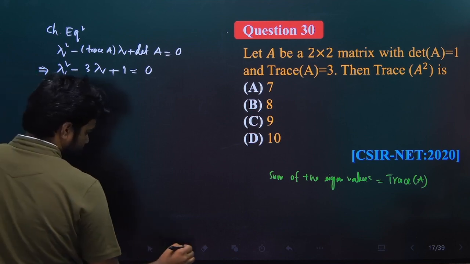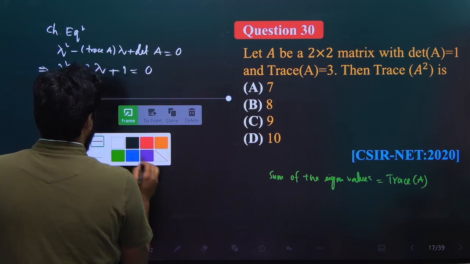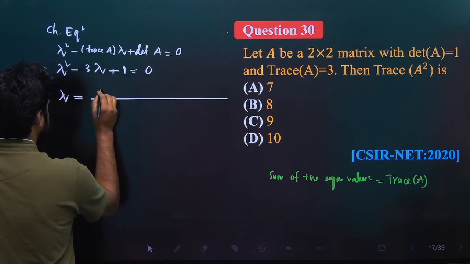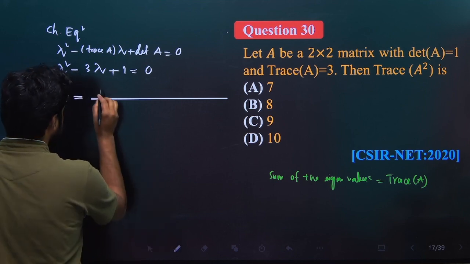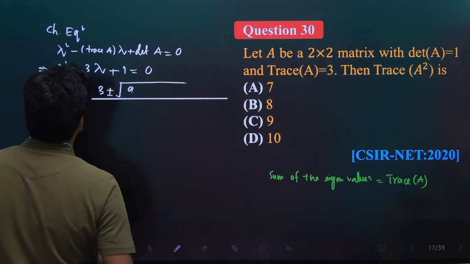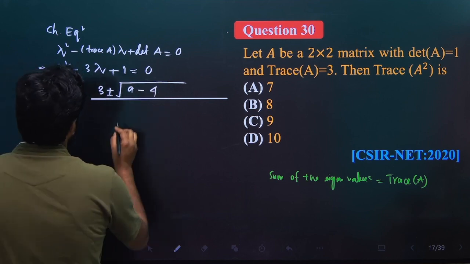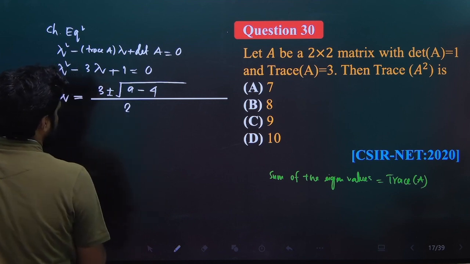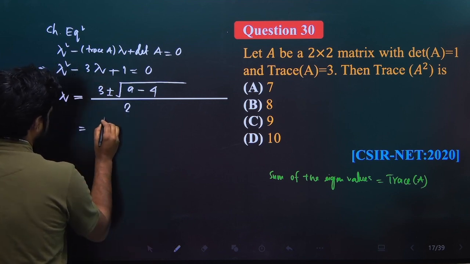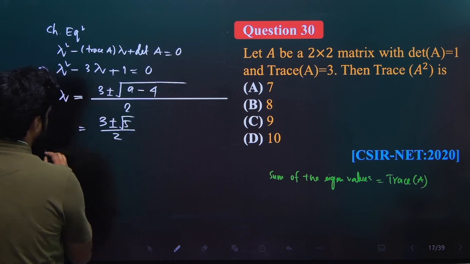So this implies lambda is equal to minus b, that is 3 plus minus root over b square, that is 9, minus 4ac, divided by 2. So that is 3 plus minus root 5 by 2.